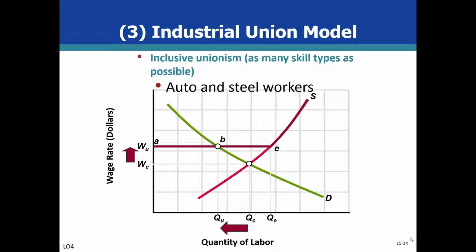Likewise, the supply curve becomes perfectly elastic, as firms can't hire someone unless they pay the union wage. Likewise, individual workers cannot offer to work for less than the union wage, for less than WU. There is no supply.